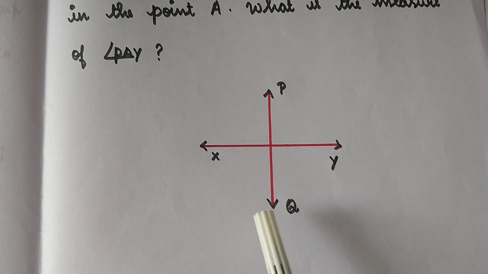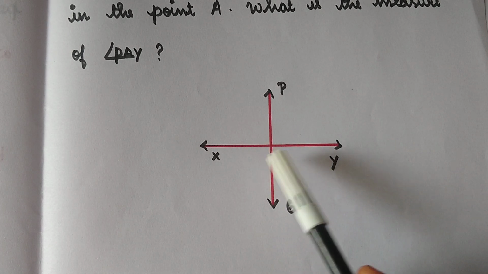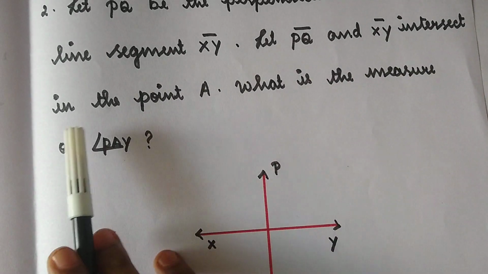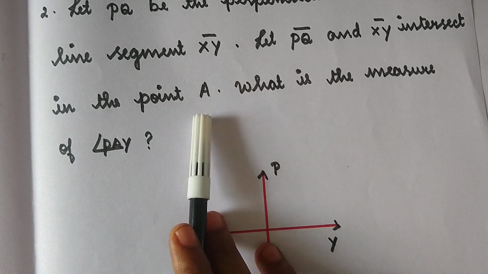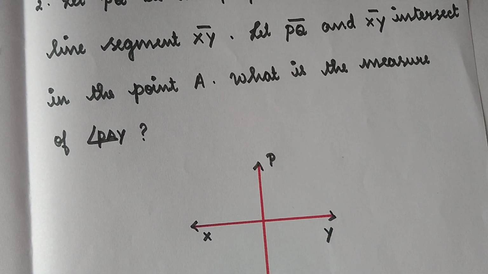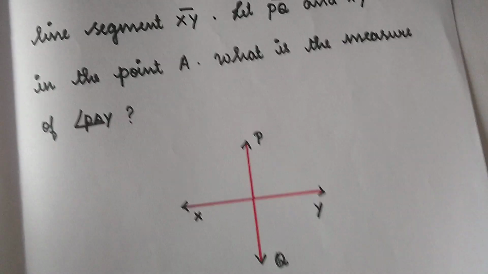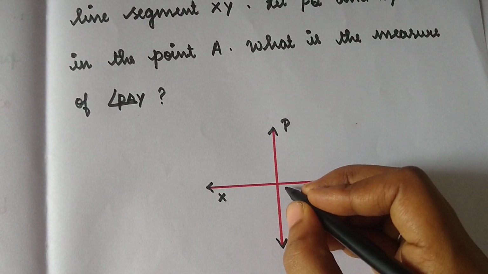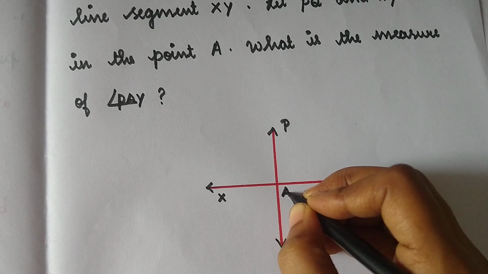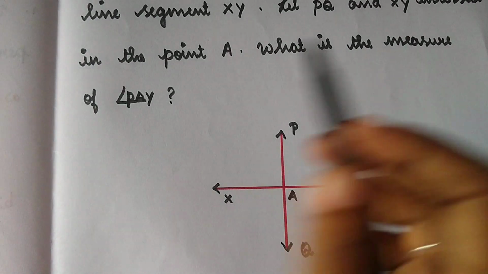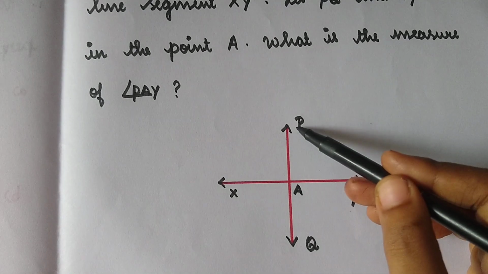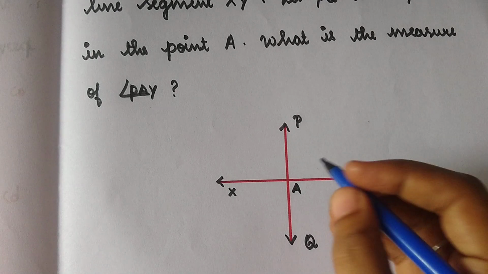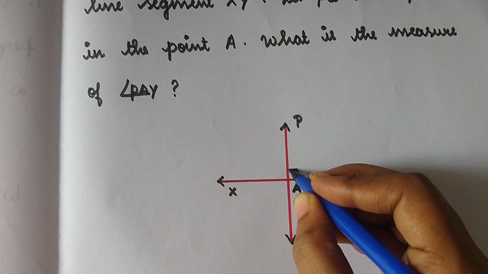Here we draw the line segments which intersect. The intersect point is A. Intersect means meeting point. So we mark the meeting point as A. We have to measure the angle PAY.